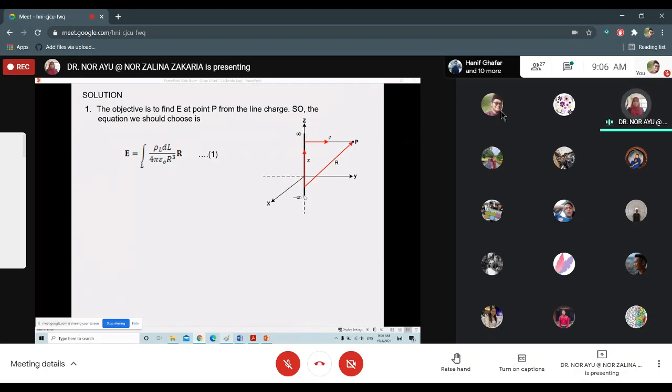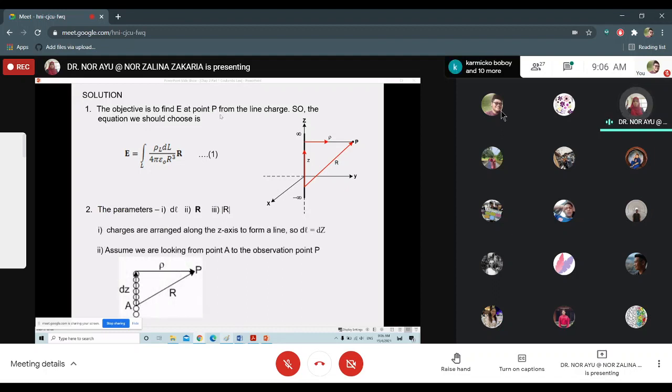What you need to do is draw a line from your line charge towards the position of your P. That will be your R. And then draw another way towards your P. So starting from the start of your R, going upwards, and then from there going to P. Going up here will be the value of Z, and going towards P over here will be the value of your rho, ataupun radius.